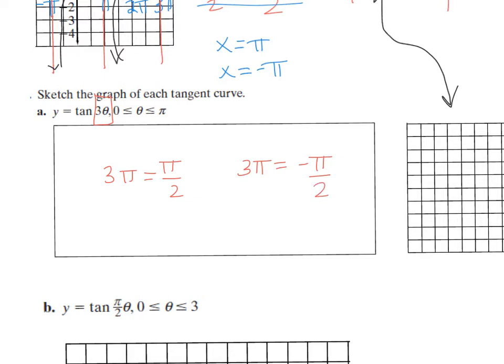Oh, not 3 pi, 3 theta. So I'm trying to solve for theta. I'm going to divide both sides by 3 to solve for theta. So my asymptotes are going in increments of pi over 6.